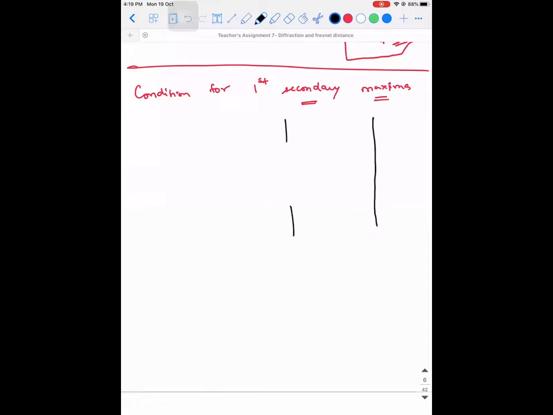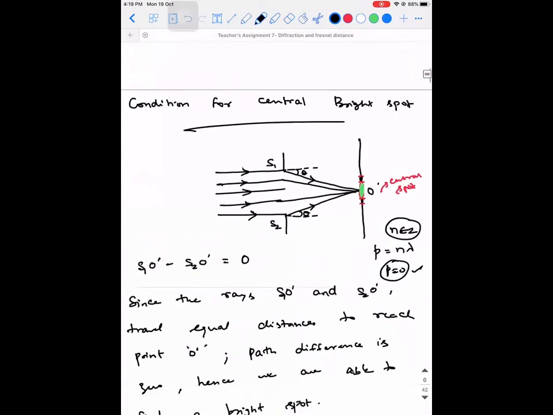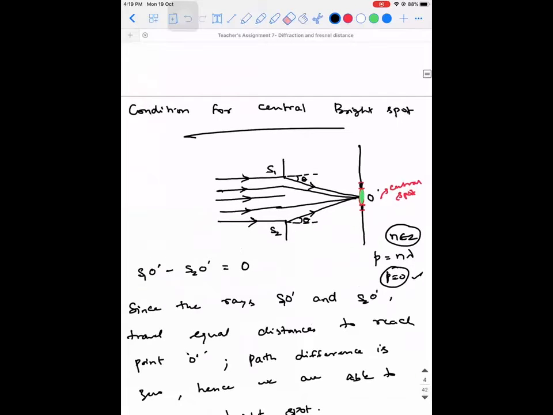so for us to explain the central spot, how many parts did we break the slit into? For explaining the central bright spot, that is the central maximum, the slit is broken into how many parts?